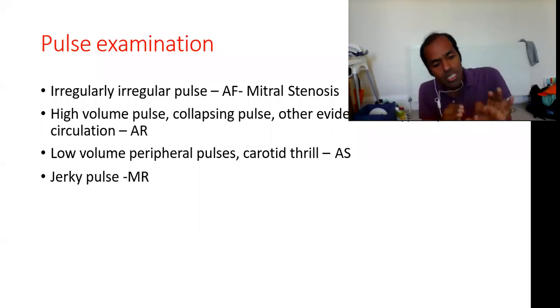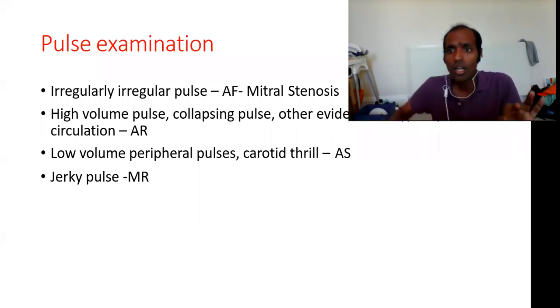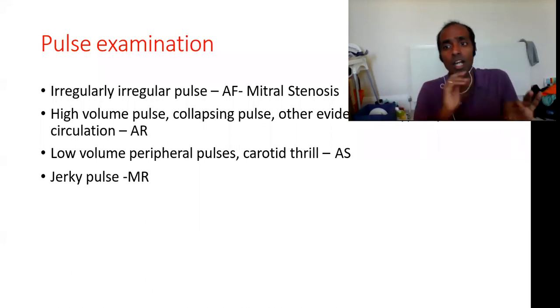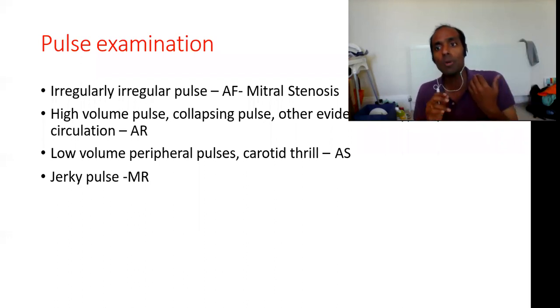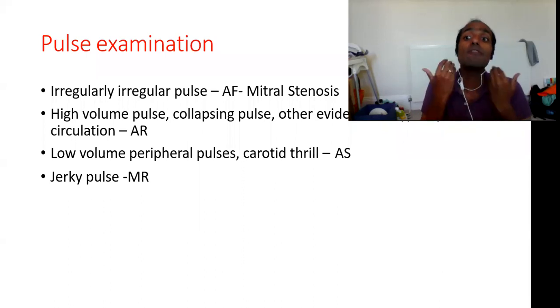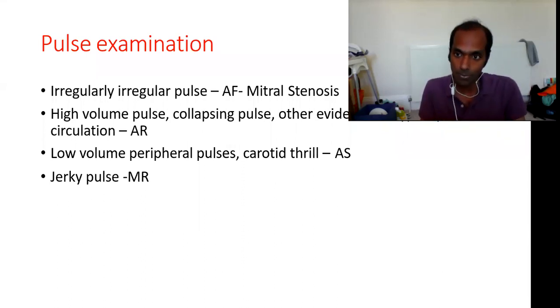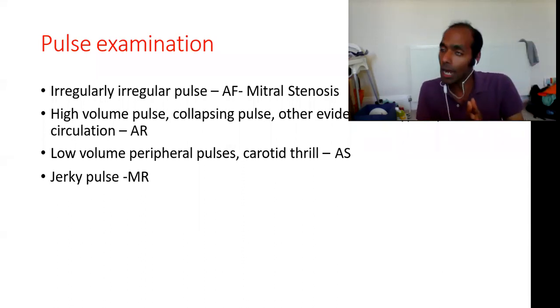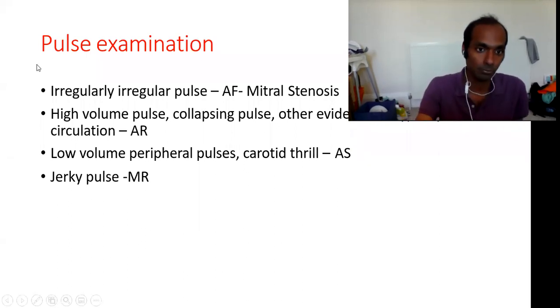In aortic stenosis, because the aortic valve is narrow, it's straining to push blood across it, so low volume pulses and a slow rising pulse. You might feel a thrill in the carotid artery. If it's a jerky pulse, also referred to as a high volume but non-collapsing pulse, probably it is mitral regurgitation.